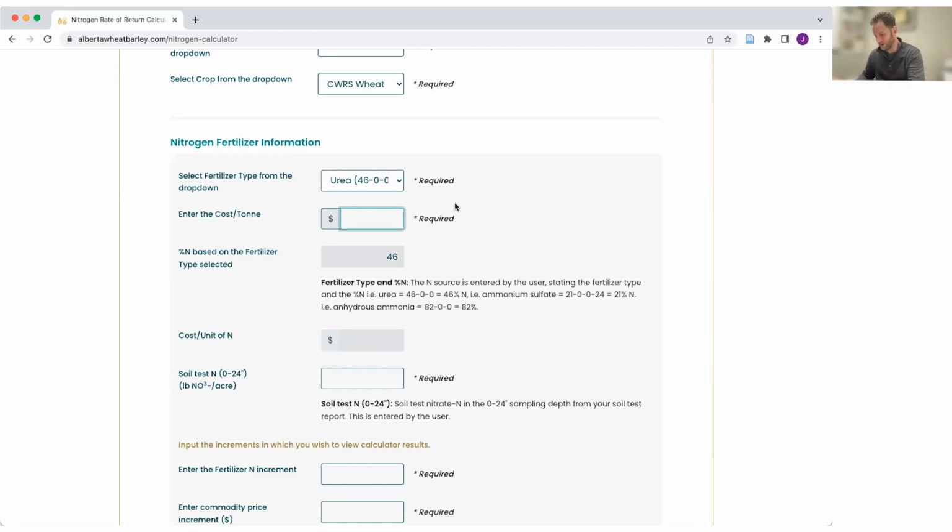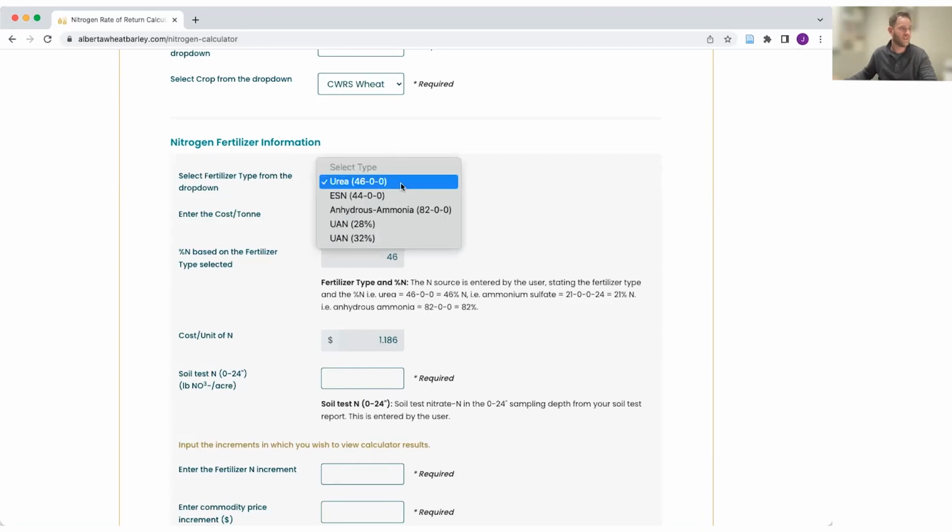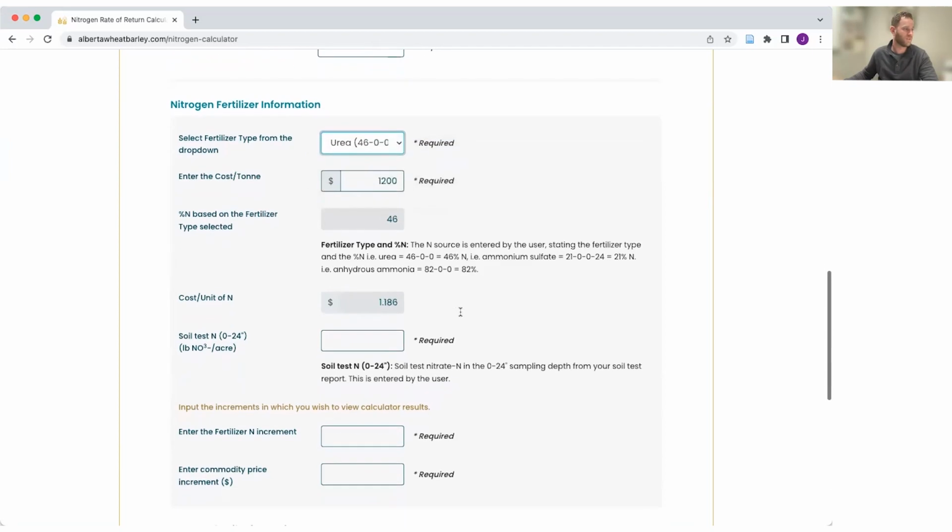For the cost, let's say this year we're looking at $1,200 per ton. You can see the percent N is 46%, so it automatically calculates that the price per unit of N is $1.18. If we change this to ESN, that price is going to change because there's a lower percentage of nitrogen in ESN. But we're going to change that back to urea.